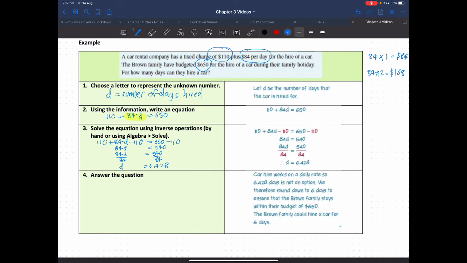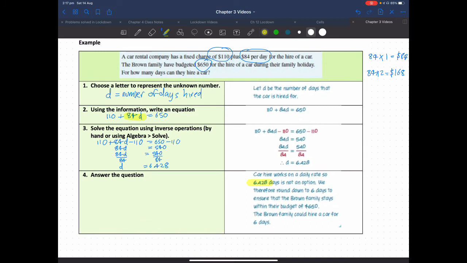Now, we need to answer the question. So let's have a look to see the written answer. Car hire works on a daily rate. So you have it for 1 day, 2 days, 3 days, and so on. Whole numbers. So our answer was 6.428.